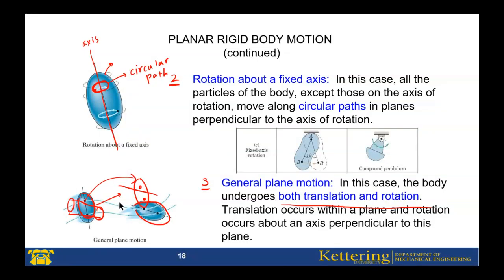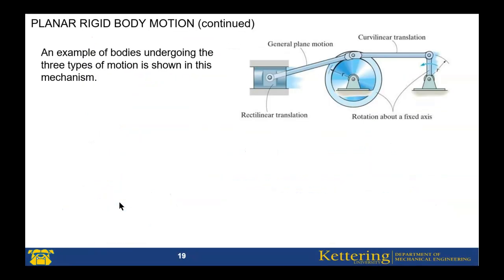Now, one example. There's a piston connected using a link to the wheels that rotate simultaneously. There's also a link between these rotating wheels and also a crank. I want to show you different types of the rigid body motion for this example, as you can see.